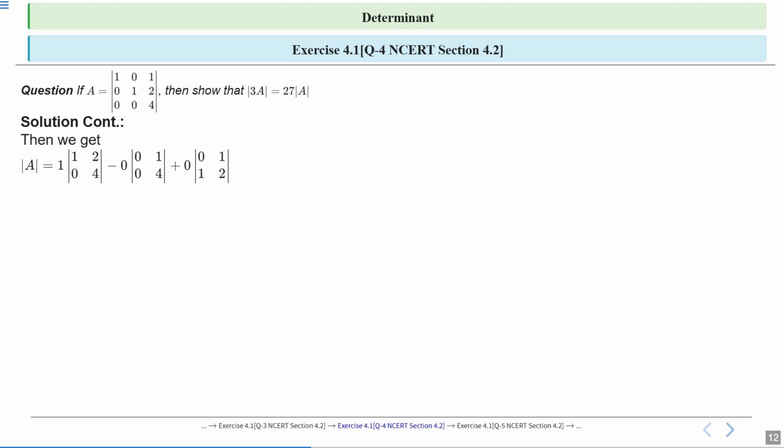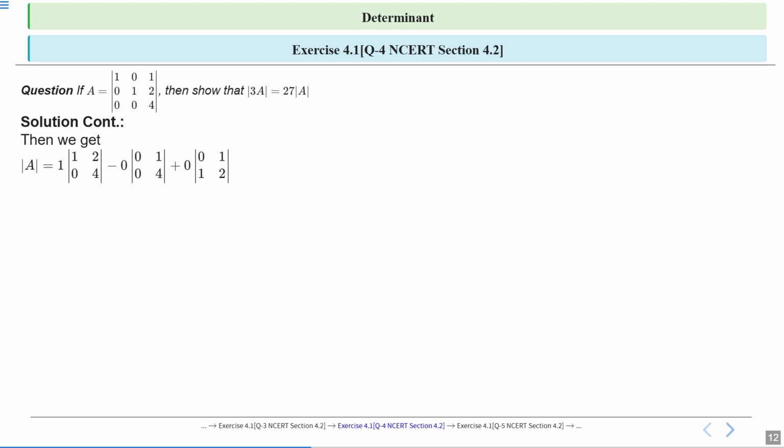Then the minus comes from minus 1 to the power i plus j. The indices for the entry 0 are 2 1. So the value of i is 2 and j is 1. So 2 plus 1 is 3. So minus 1 to the power 3 is minus 1. So we get minus here.